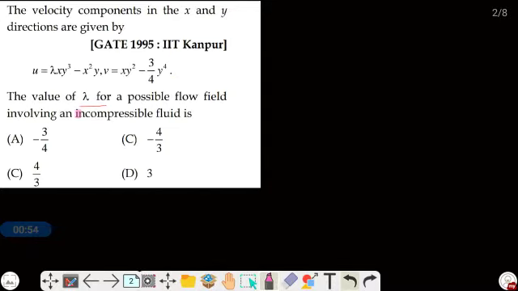Okay, this word is very important: incompressible.